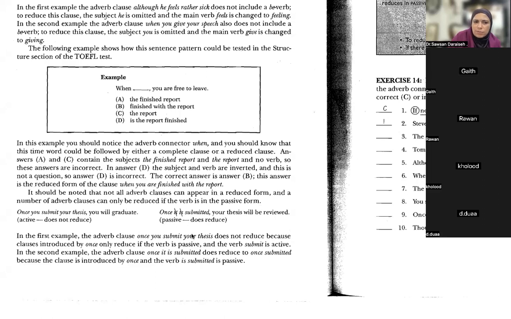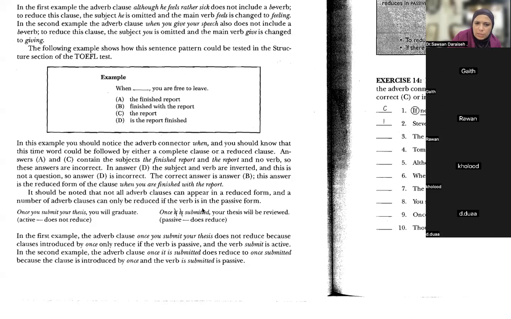So this is passive, okay? And that's why we have here a subject and a verb, okay? Here we have a subject and a verb. Once it is submitted, what is it? Your dissertation. By who? By you. So be careful and make sure that the ones that you reduce are passive.